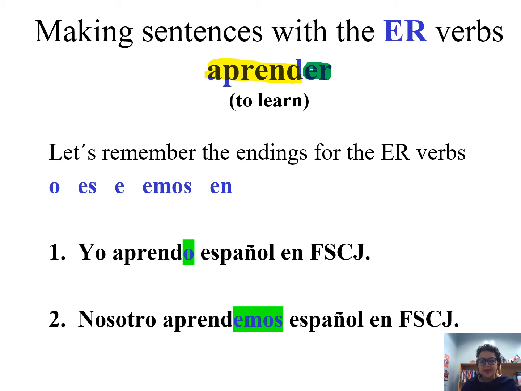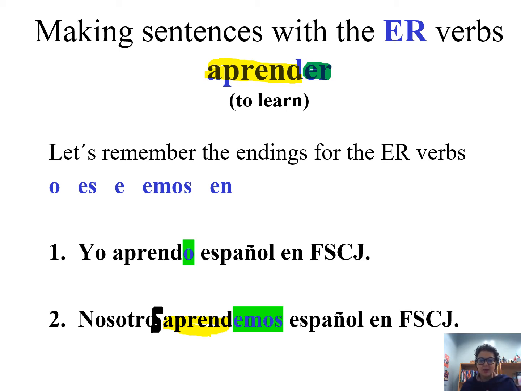Nosotros aprendemos español. Okay, so we need the S. I'm sorry, misspelled. Aprendemos español en clase. Muy bien. I keep the stem. What is the stem? Aprend. We are going to keep the stem and we are going to change the ending.